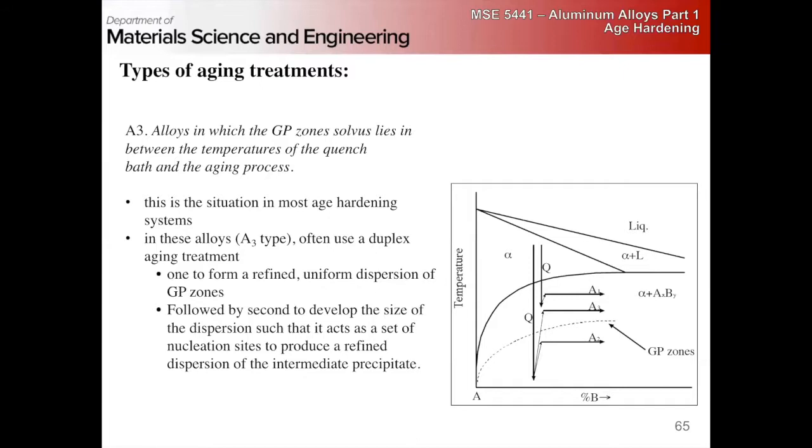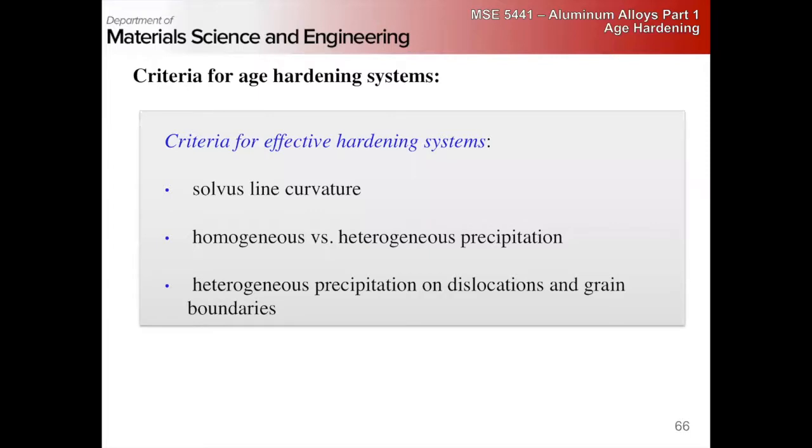Right? So what makes a good age hardening system? Right? If we want to design an aluminum alloy and we want it to be precipitation strengthened, how do we go about doing that? So the first one I threw on there was solvus line curvature.